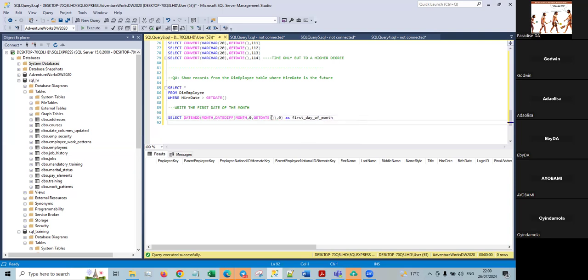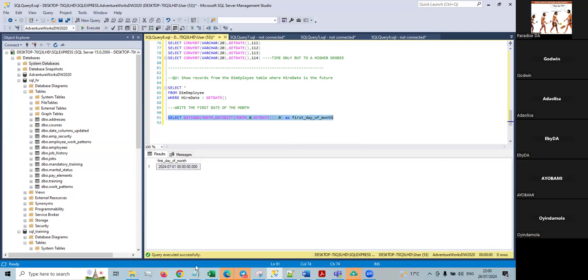Okay, so I put a full stop here instead of a comma. Right, so this formula here gives us the first day of any particular month. 1st of July, 2024, and that is what it has returned.